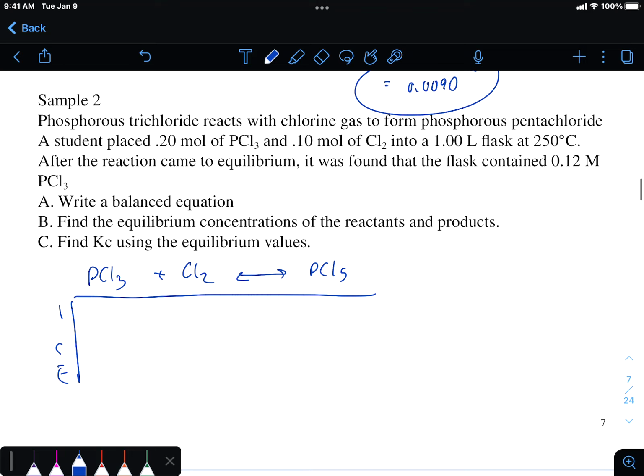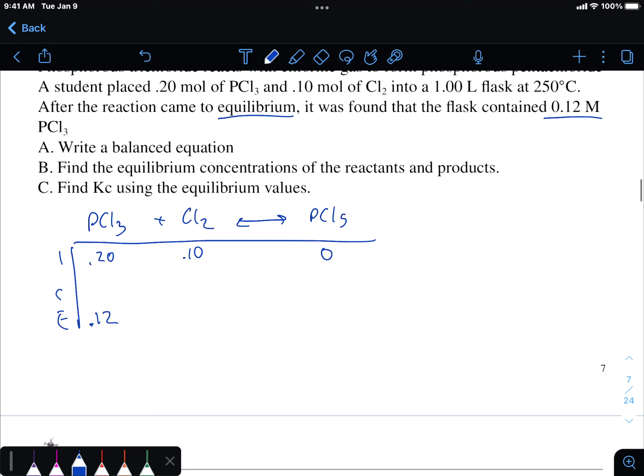So for that information, we can start filling in what we know in the ICE table. PCl3, 0.2 moles divided by 1 liter, that's 0.2 molar. Chlorine, 0.1 divided by 1, 0.1 molar. There was no PCl5 initially, so 0 there. At equilibrium, the concentration is 0.12 for PCl3. We need to finish and find the equilibrium values and what the Kc value is.